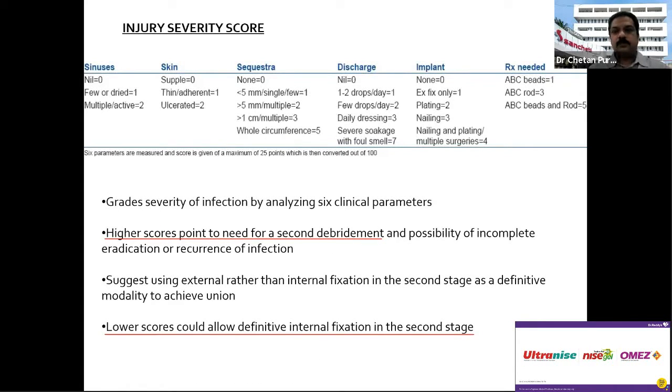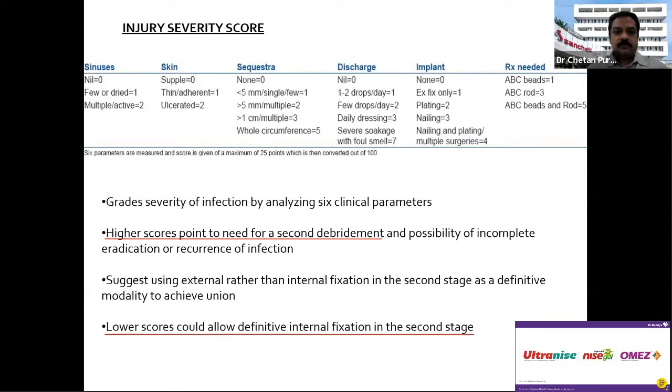Injury severity score is another score which helps in classifying infected non-union, that considers 6 points broadly, which is the presence of sinuses, the condition of the skin, the presence or absence of sequestrae, if there is active discharge from the sinus, if there is any implant which is present, and if there is any requirement of local antibiotic delivery system.